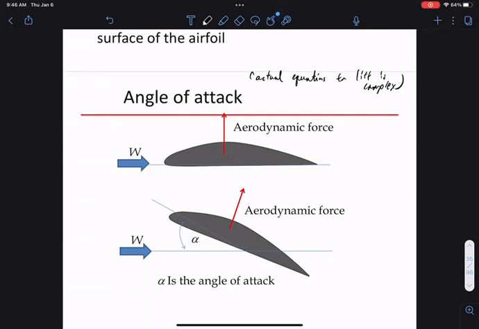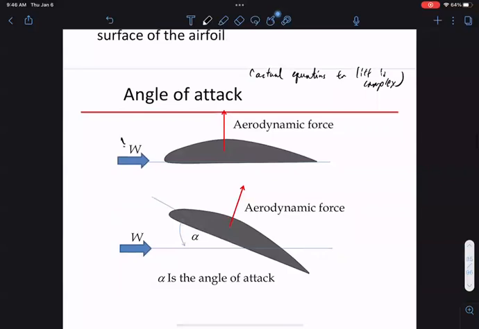If you fly an airplane, you can change how fast you're going and change the angle of attack of the airplane. For wind power design, we are not going to change W, the wind speed, which is given by nature.